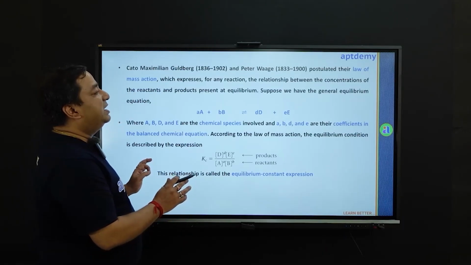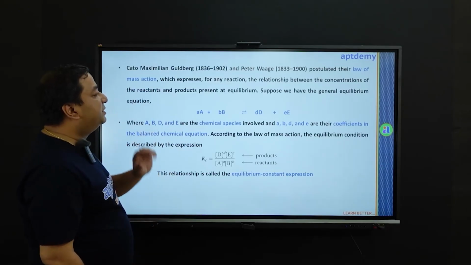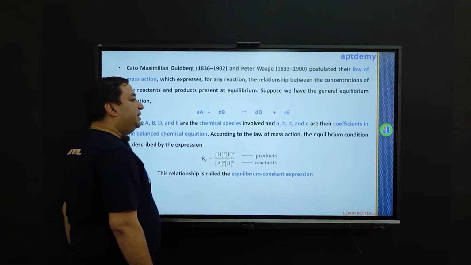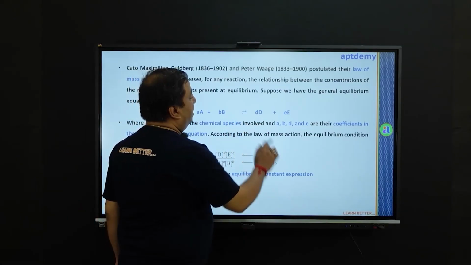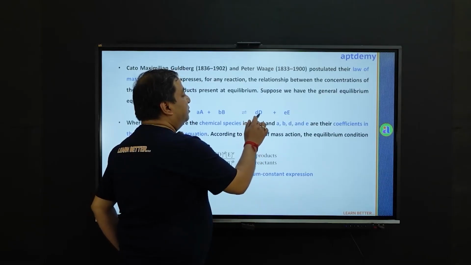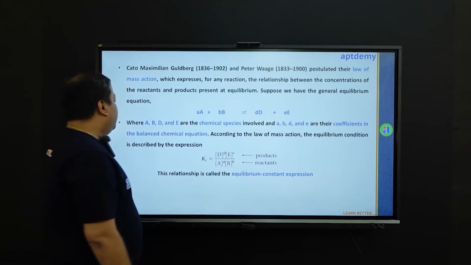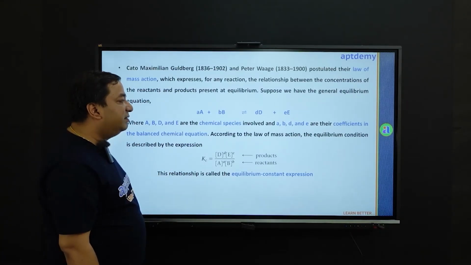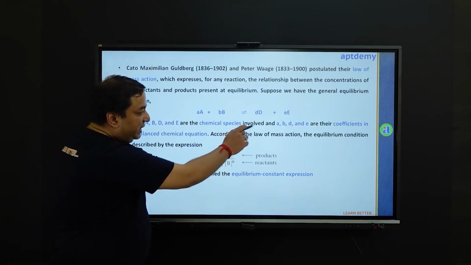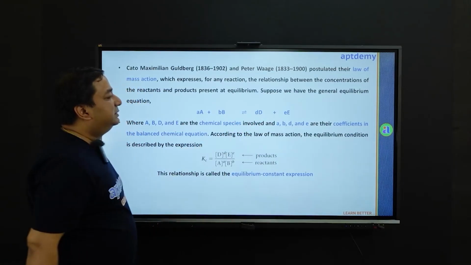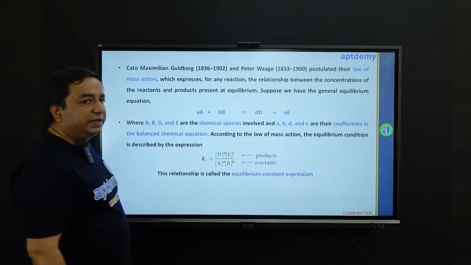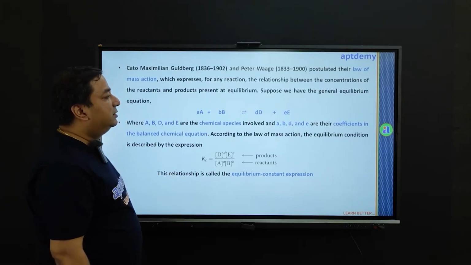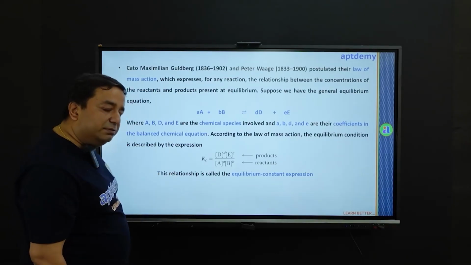So suppose we have a general equilibrium equation, wherein we can see a moles of A plus b moles of B combine to form d moles of D and e moles of E, where A, B, D and E are the chemical species involved, and the lowercase a, b, d and e are the coefficients in the balanced chemical equation.